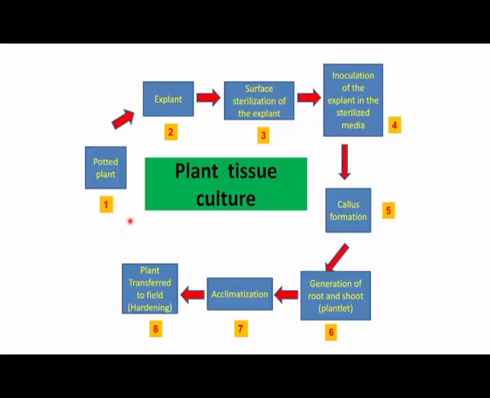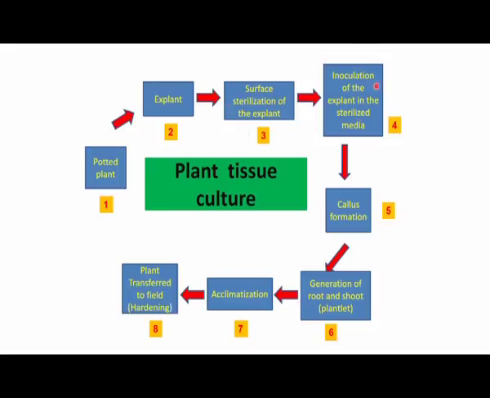It involves almost 8 different steps, where you start with a small portion of the plant, which you may be having in the pots. So, first you select the explant, which could be leaf, root, or stem. Then you do a surface sterilization of the explant, meaning you remove the bacteria and other pathogenic organisms.